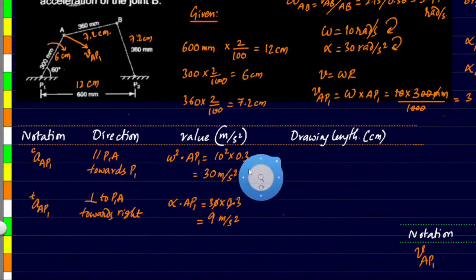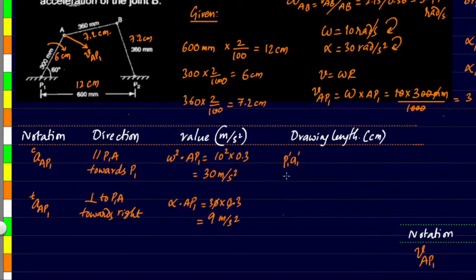So now one by one we'll have to draw these accelerations. For drawing, we will be drawing this as P1 dash to A1. This will be a temporary point. P1 dash A1 dash will be the total acceleration.